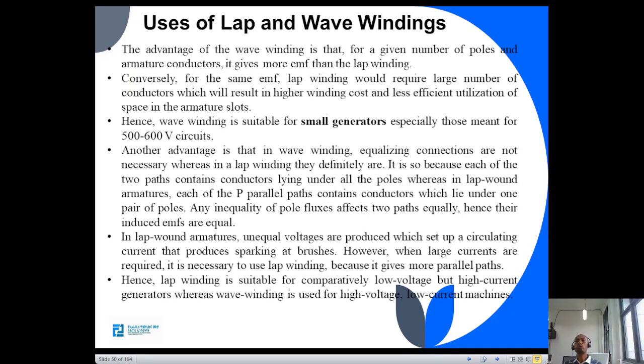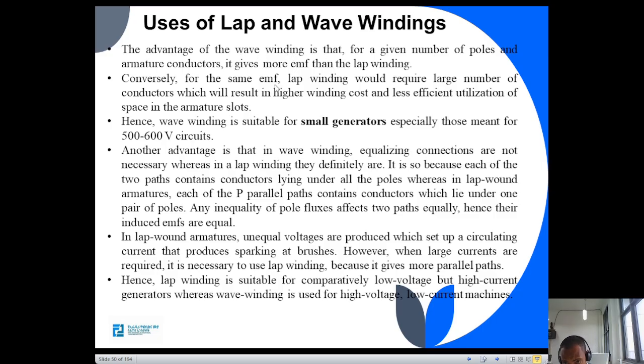Let us see the use of lap and wave winding. The advantage of the wave winding is that for a given number of poles, the armature conductors give more EMF than lap winding. So, which produces more EMF? Wave winding.